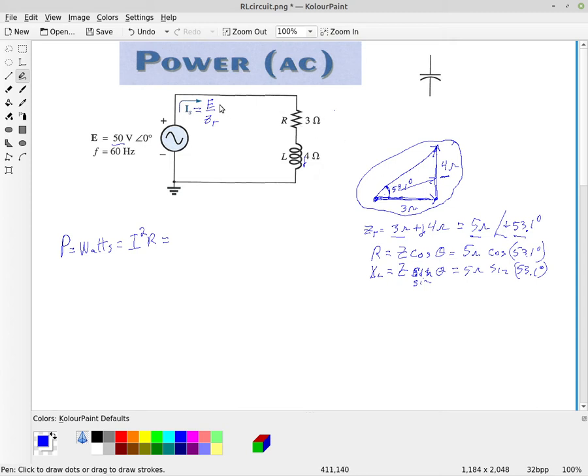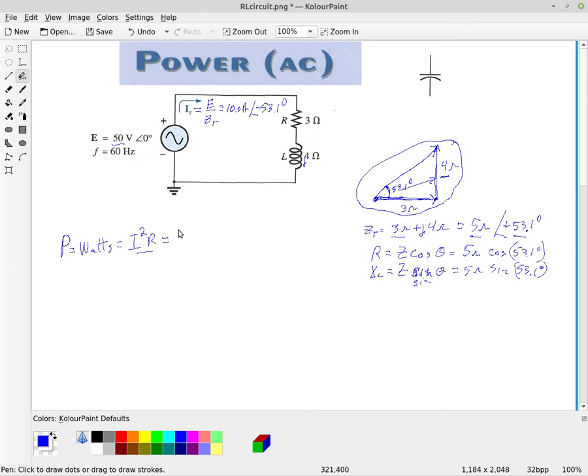So the current is going to be 50 divided by 5, which is 10 amperes at an angle of minus 53.1 degrees. Okay, so that's our current. So we can calculate the power in watts as being I squared R. That always works, so that's the safe way to do it.